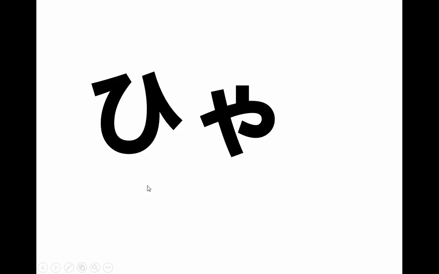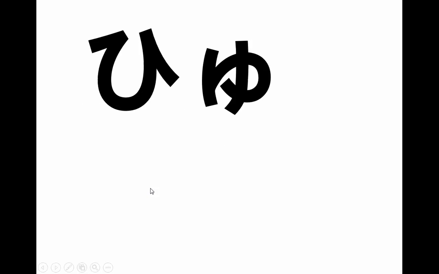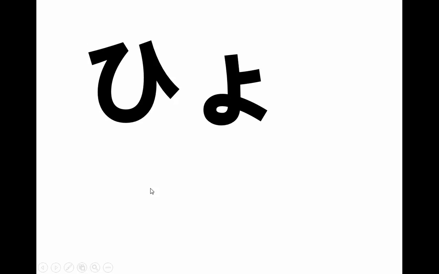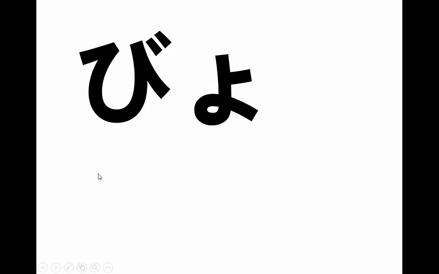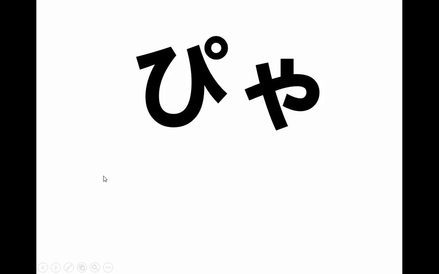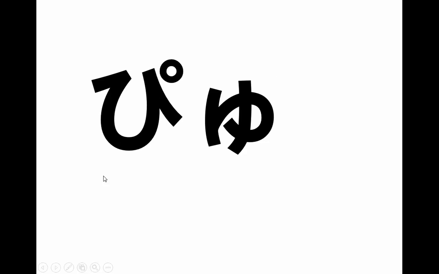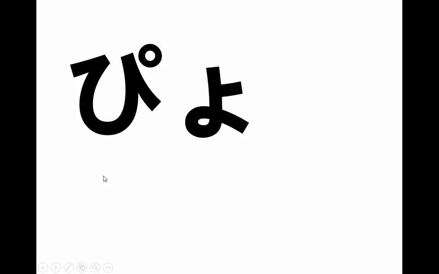Moving on. Hya, hyu, hyo. Hya kind of sounds like you're cracking a whip or something. Hyu is like the name Hugh, right? And hyo. Okay, moving on. Bya. Yes, it really is bya. Byu, byo. And pya, pyu, pyo.